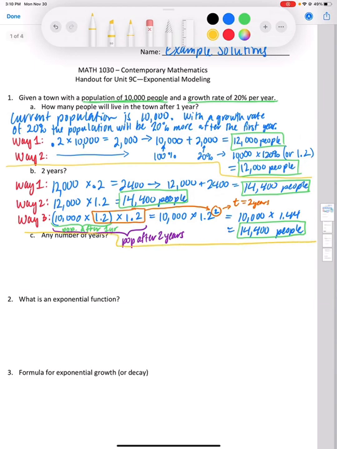So what would be the population after any number of years? T years.